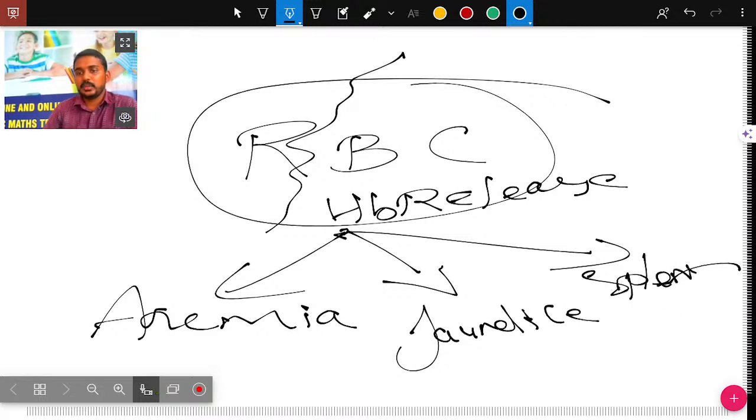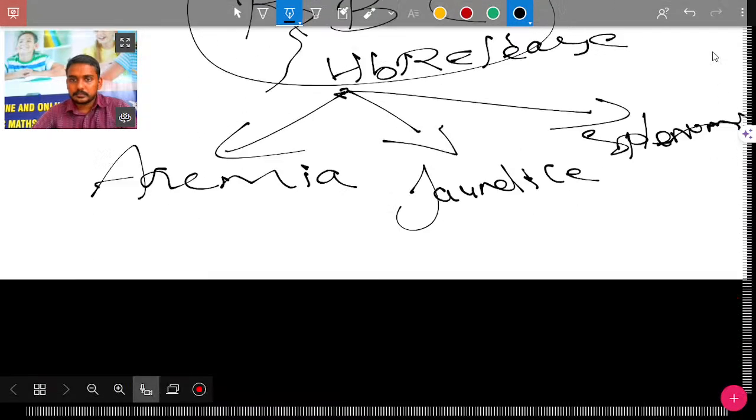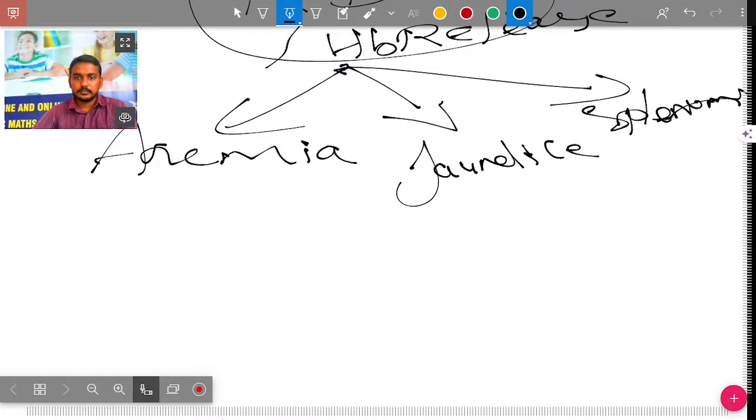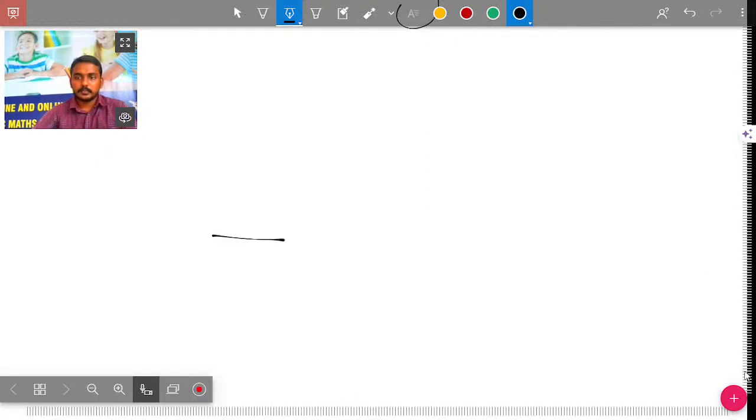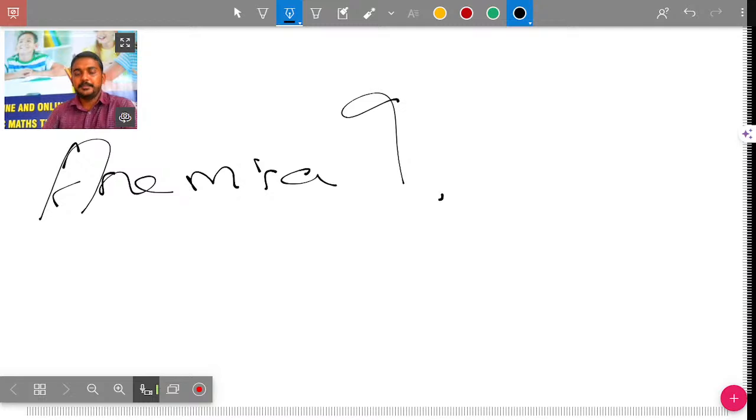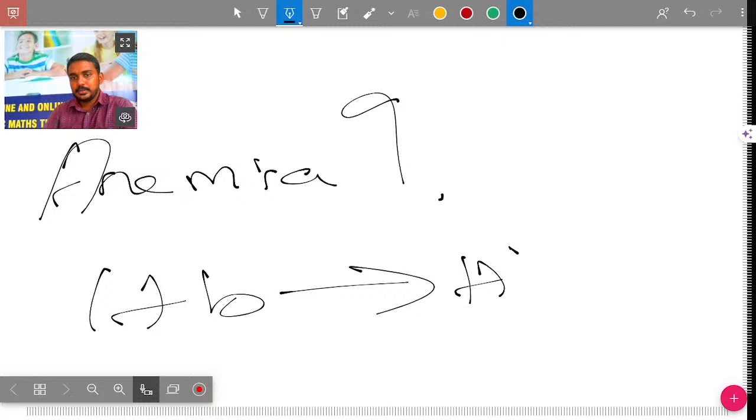Why anemia? Anemia because hemoglobin is broken down into heme plus globin.